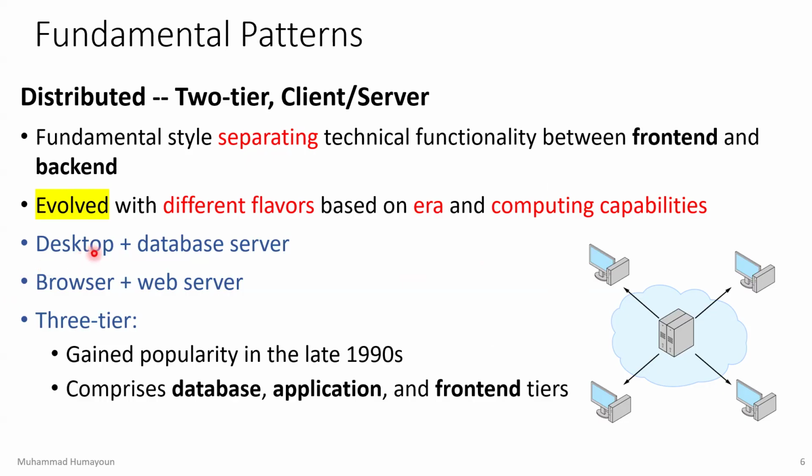For instance, we could think of a distributed system where we have a desktop and a database server. We can also think of a browser plus a web server, of course, in different geolocations. We can also have three-tier, which got popular in the 1990s, where we separate database, application, and front end tiers.